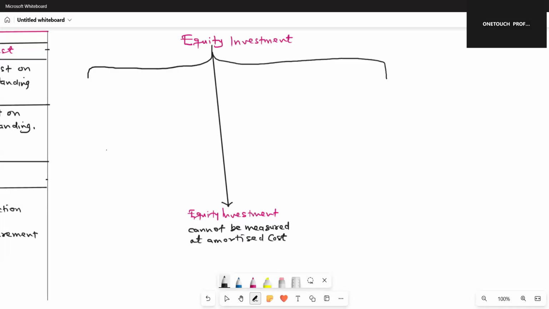The reason we cannot measure equity investment at amortized cost is that equity investment does not pay fixed interest, fixed dividend and principal.